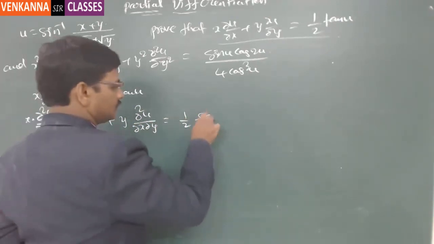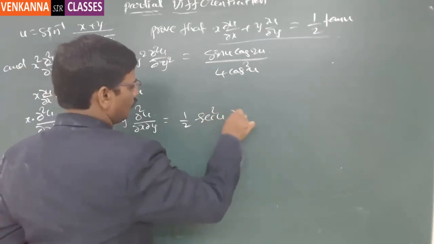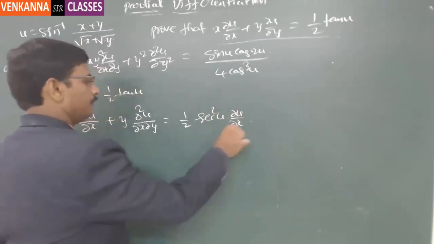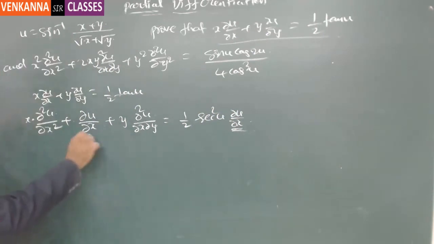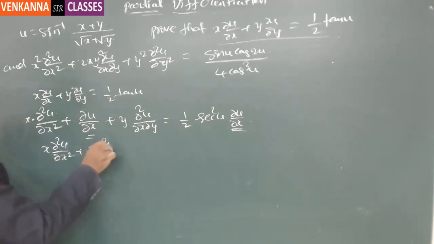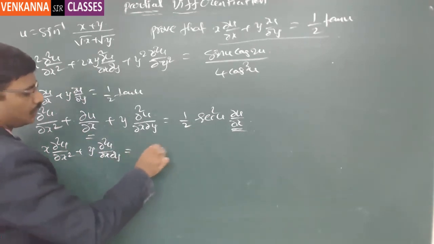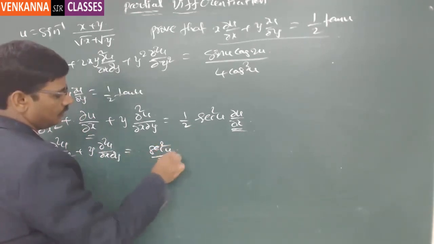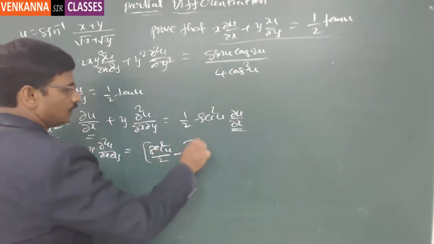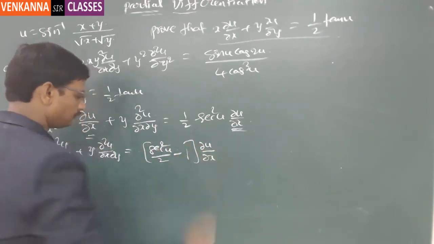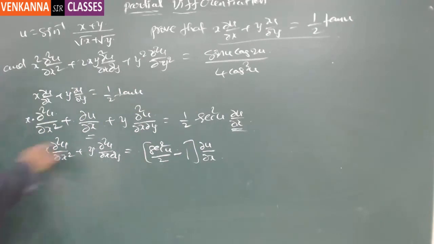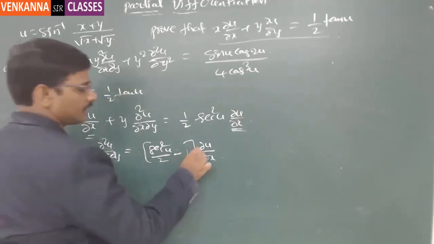So this is secant square u into dou u by dou x. So here there is one dou u by dou x here and there is one dou u by dou x here. Then x dou square u by dou x square plus y into dou square u by dou x dou y is equal to secant square u by 2 minus 1 into dou u by dou x. Now if you multiply with x on either side, this is x square, this is xy and this is x dou u by dou x.